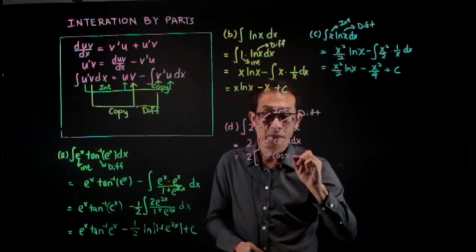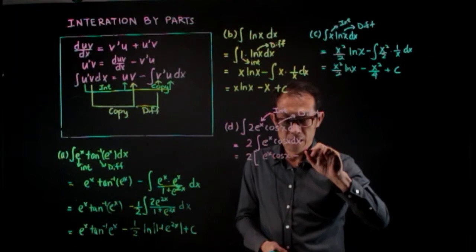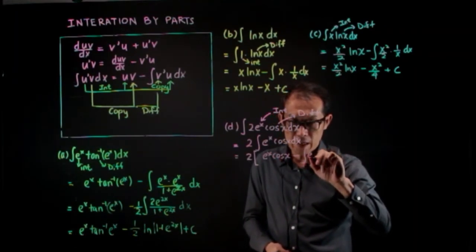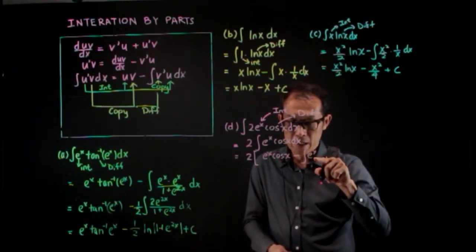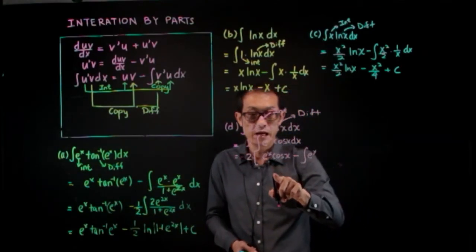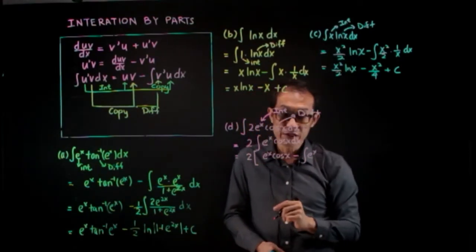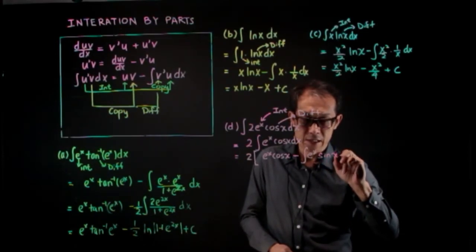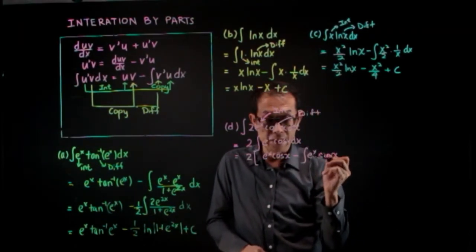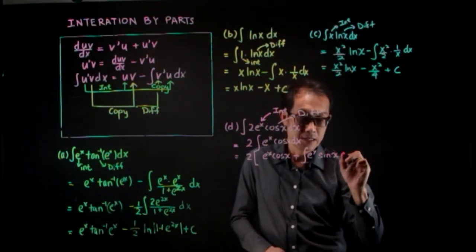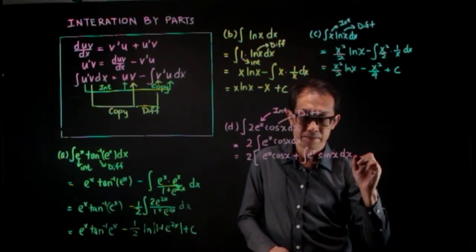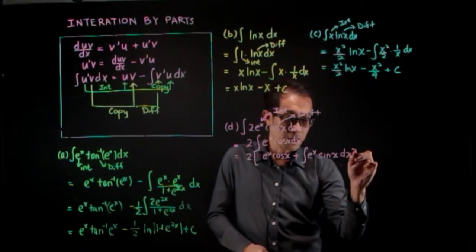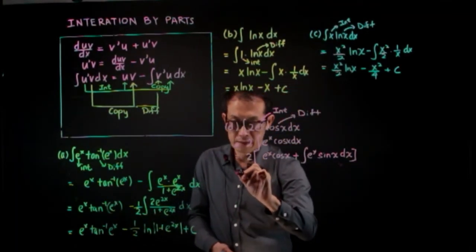Then followed by negative integral of e to the power x, this one I just copy, and I differentiate cos x. I get minus sine x. So I got sine x here, and because this is minus, this becomes plus, and you have a dx here. Close bracket.